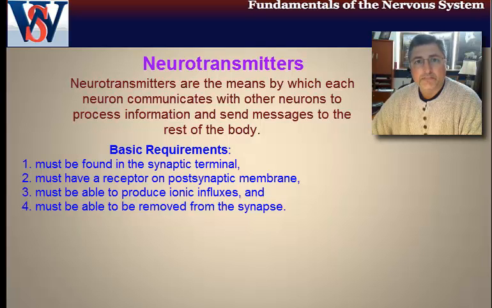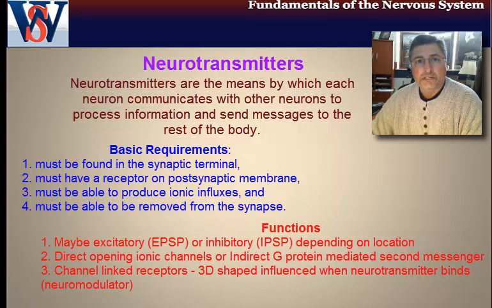Now, these neurotransmitters, when they are released into the synaptic cleft, can have a variety of functions. One of those functions could be excitatory. When we think of excitatory, we're using fancy words, EPSP, which stands for excitatory postsynaptic potential, or they can be inhibitory, an IPSP, an inhibitory postsynaptic potential, depending upon their location and what nervous system they're found in.